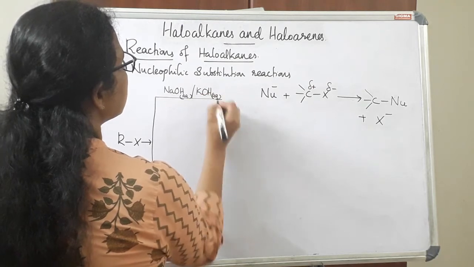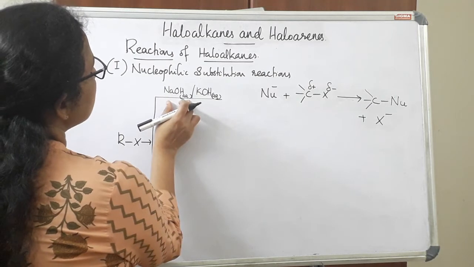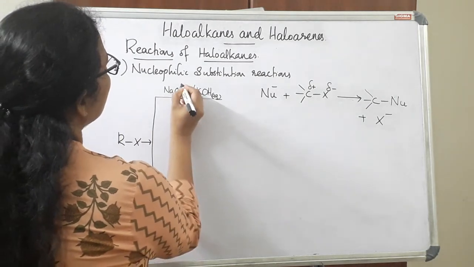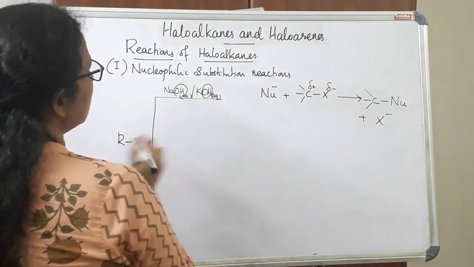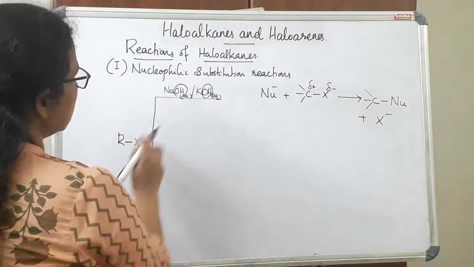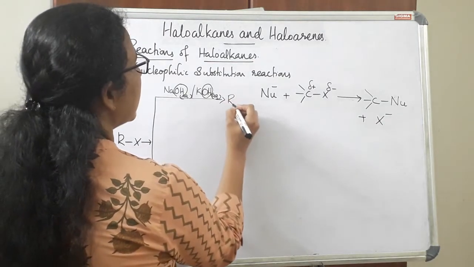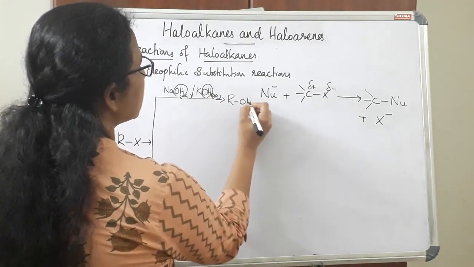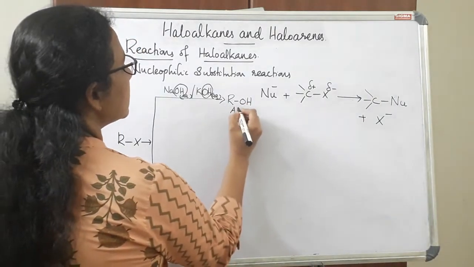In this reagent we can see the nucleophilic part. Here OH is the nucleophilic part that is substituted in place of halogen, and we will get the product as ROH. ROH will be the product, and we know that this is alcohol.